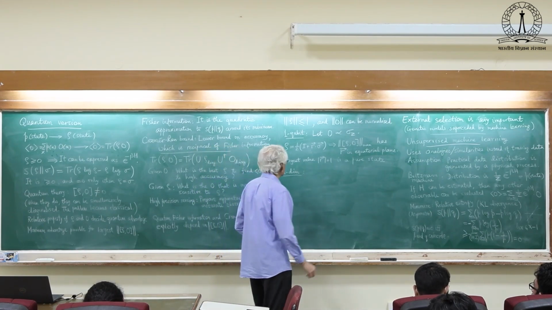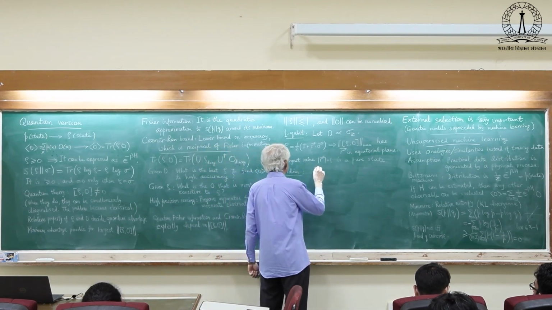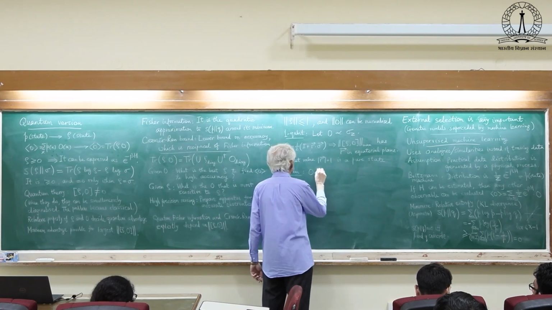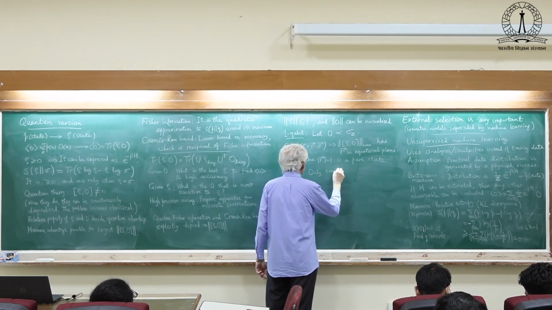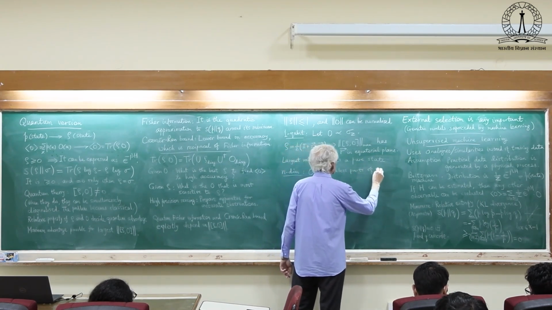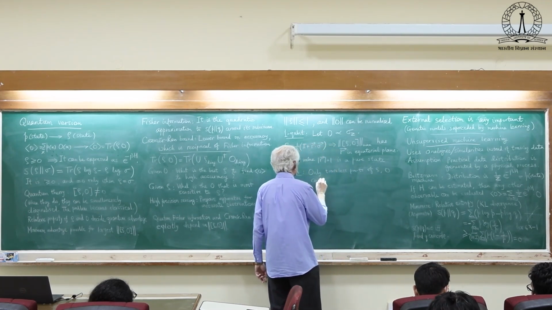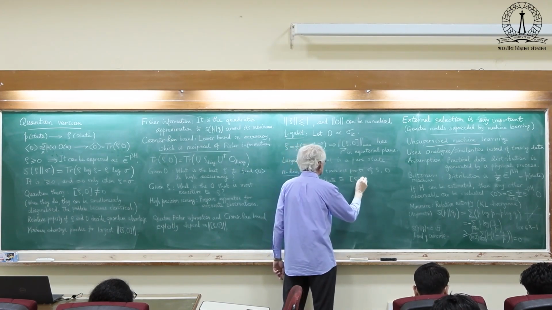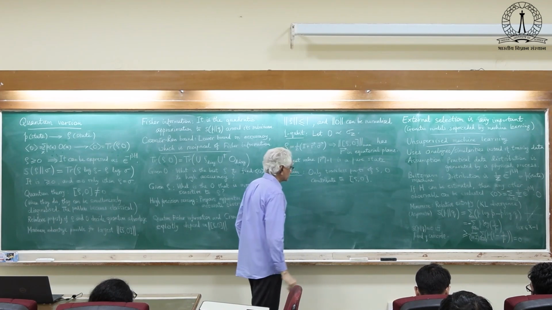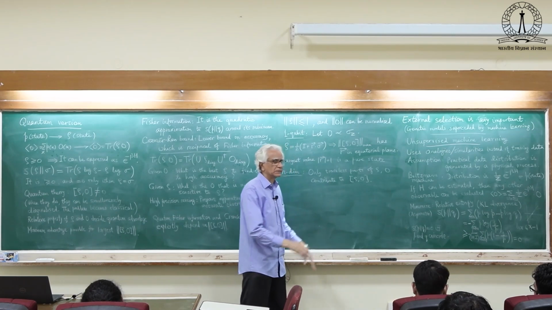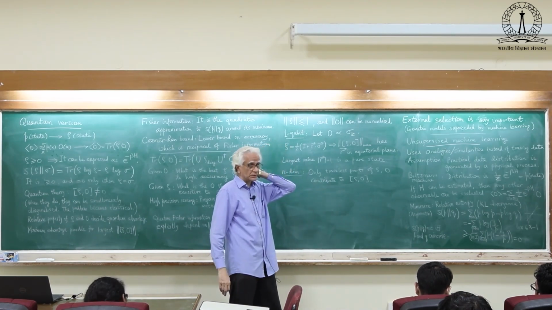That also has a straightforward answer, which is obtained by saying that the only terms which contribute to the commutator are actually the traceless part. It can have something proportional to identity, but that doesn't contribute to the commutator at all.